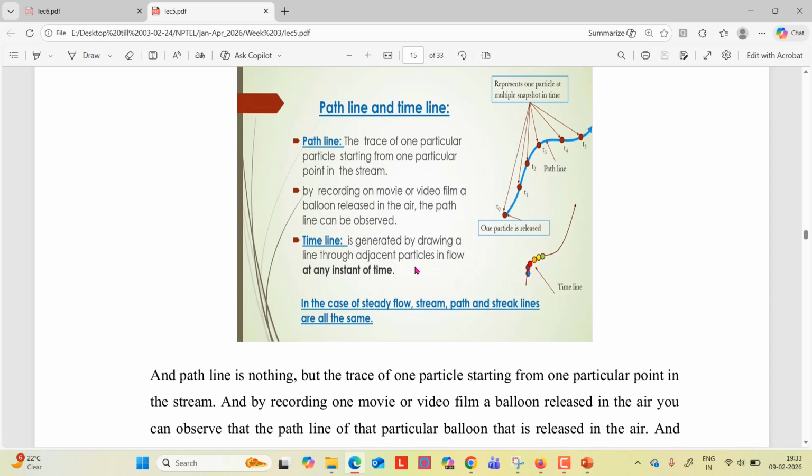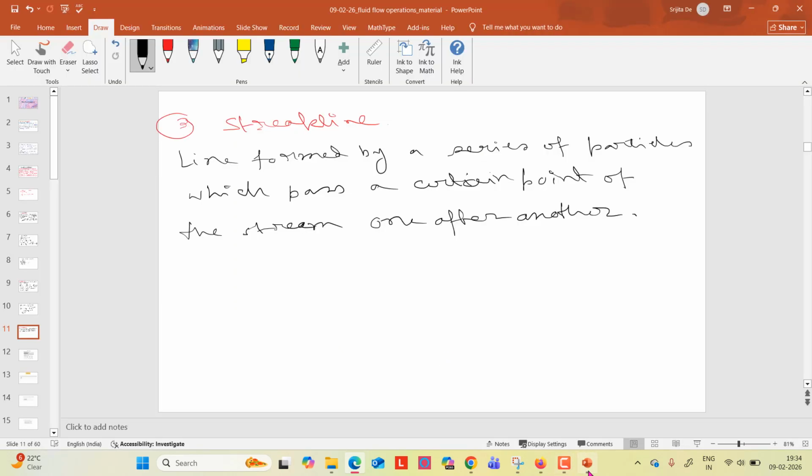Okay. So path line, you can see here, represents one particle at multiple snapshots in time. So timeline is generated by drawing a line through adjacent particles in a flow at any instant of time. So in timeline, time is constant.